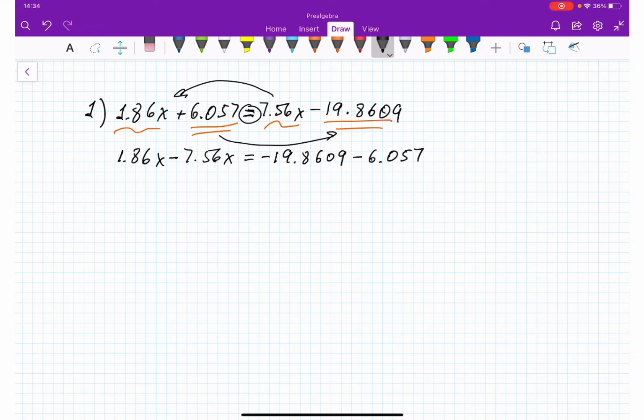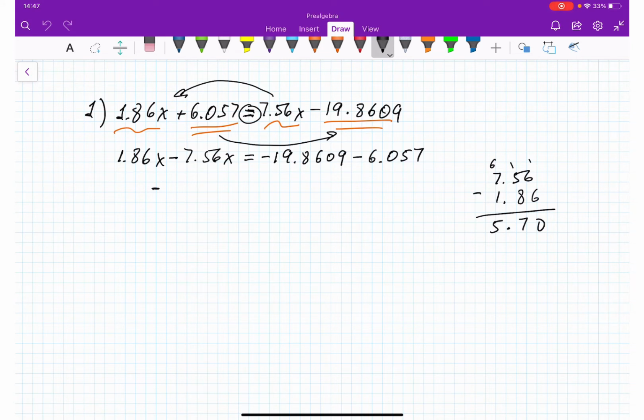So plus and minus, we need to subtract, right? And the sign is going to be negative because 7.56 is negative. So 7.56 minus 1.86. It's going to be 0. 15 minus 8 is 7. And here will be left 6. 6 minus 1. And we are getting 5.7.